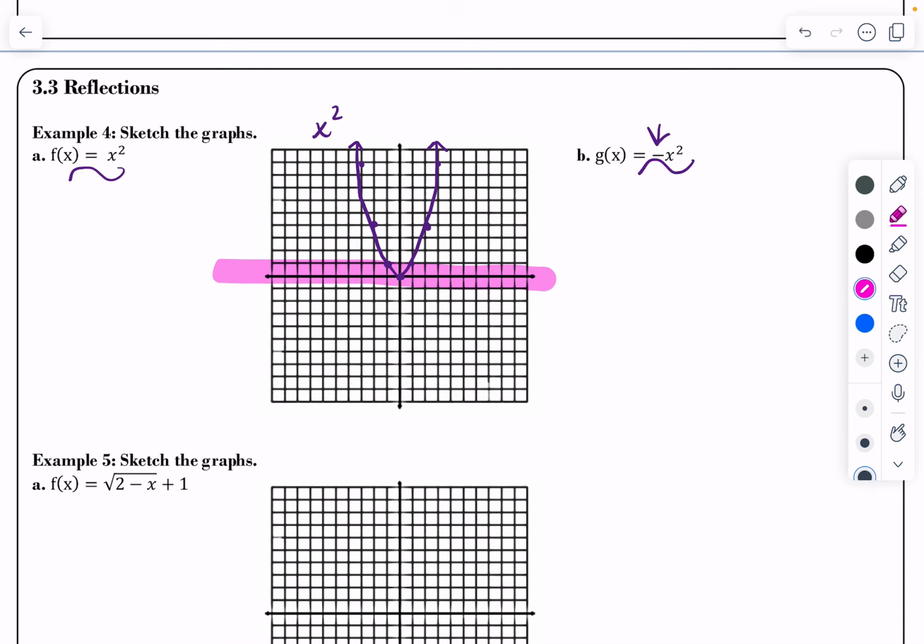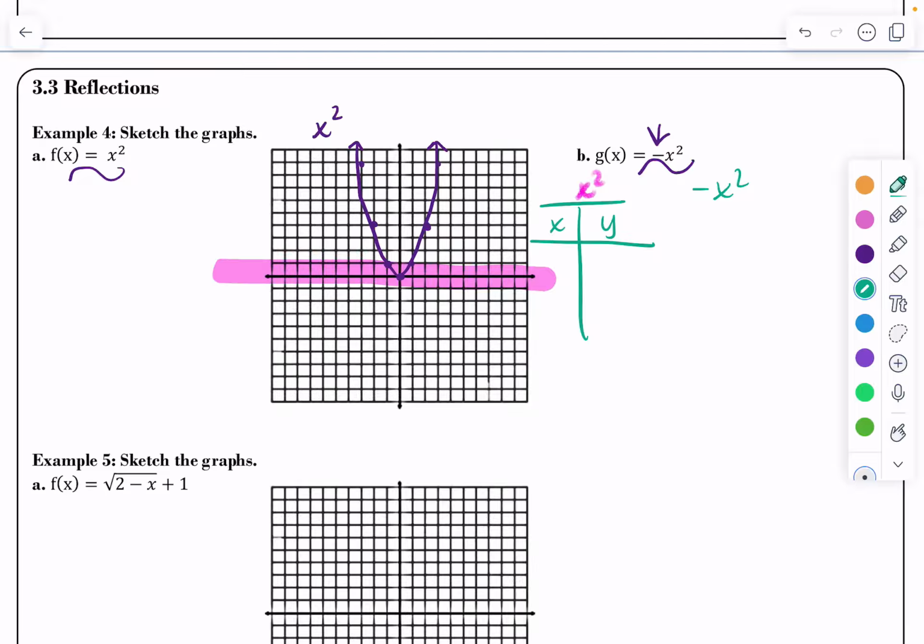So if you were to go about this on a table, your first quadrant coordinates of your x squared, oh, I need a pen, let's say this is my x, my y, and then this is negative x squared. I'm changing the value of my y coordinates because I'm reflecting them, right?